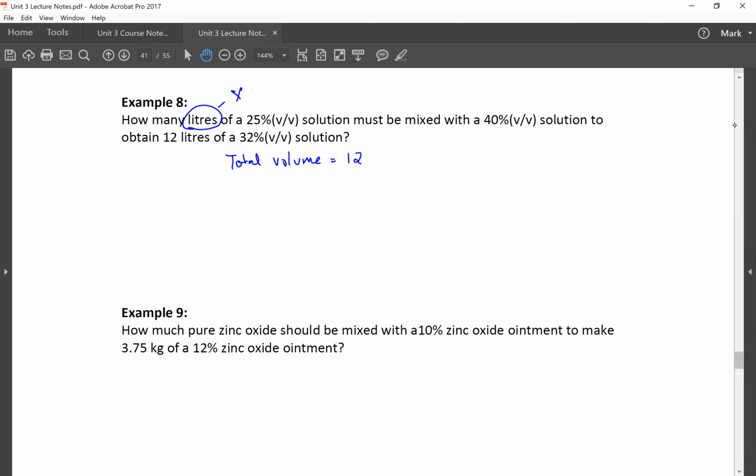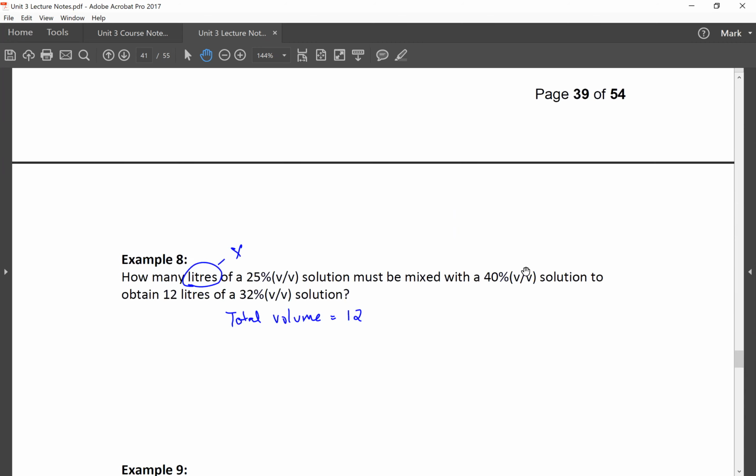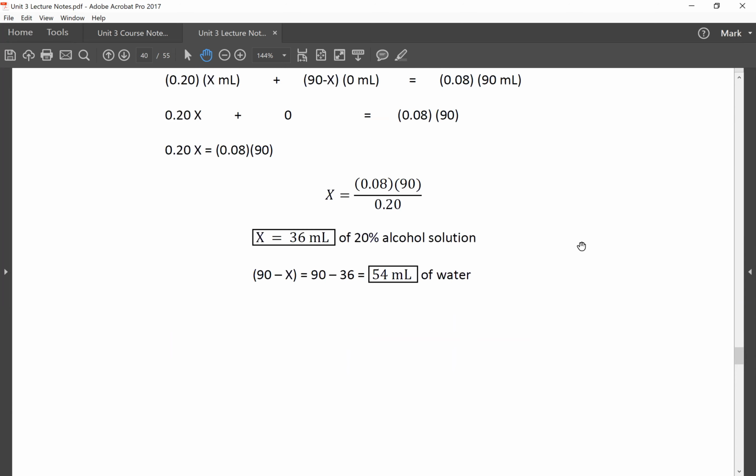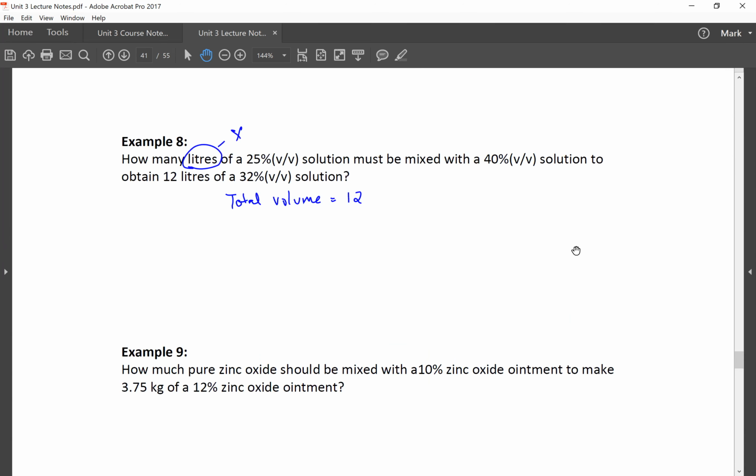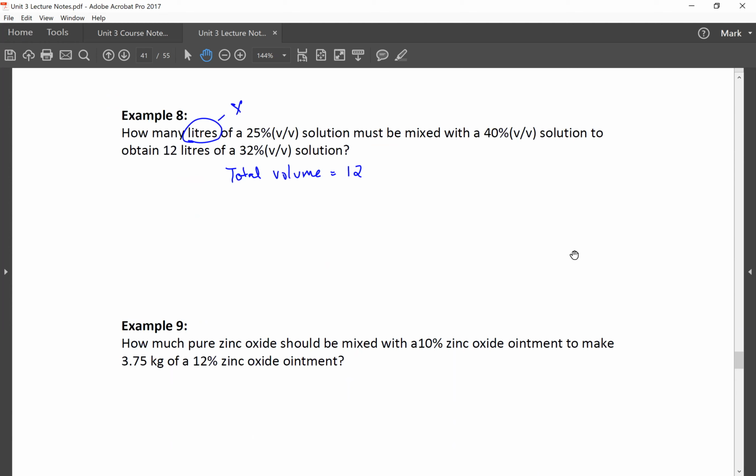We did this last day on Sunday, so you might not remember it, but I'll show it to you. It's not as bad as it sounds. I'm going to make the other solution's volume equal to 12 minus X. That way together they will equal 12.